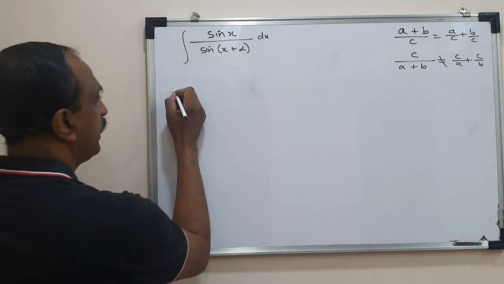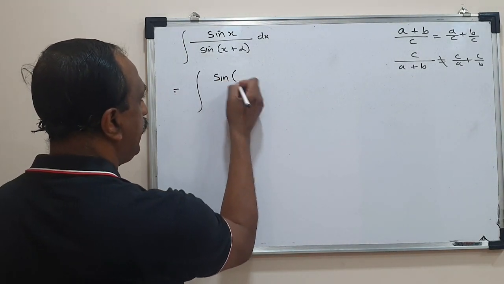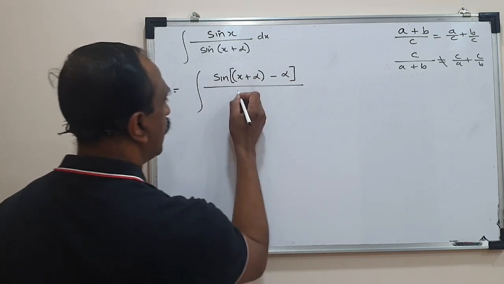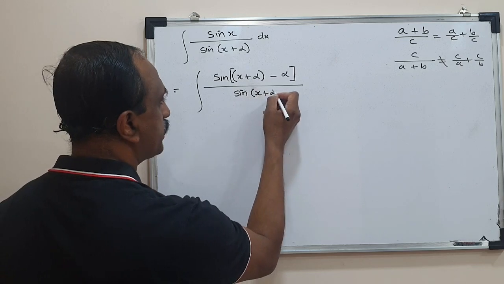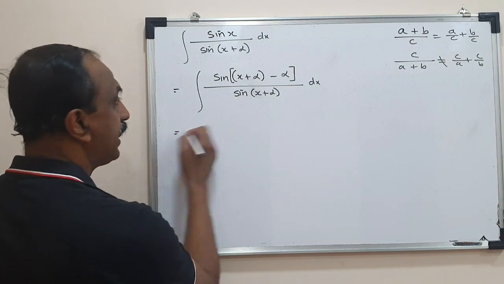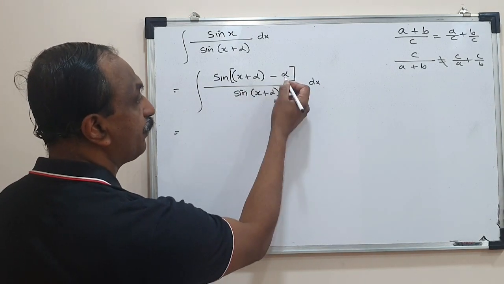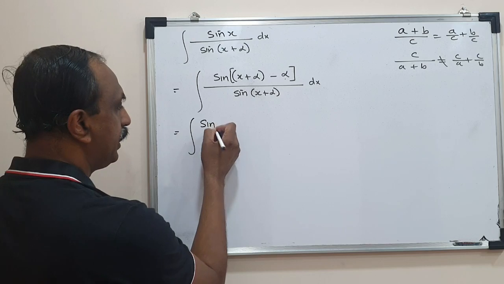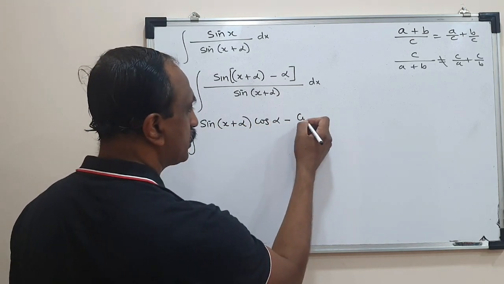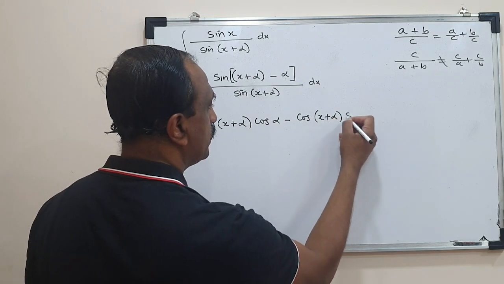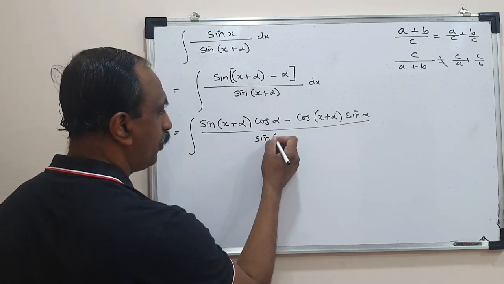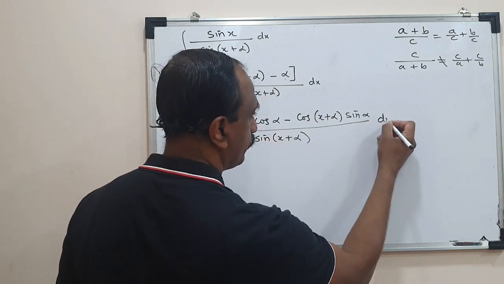So what to do? Here is my idea. I add an alpha and subtract an alpha. Addition of one alpha term and subtracting an alpha term. Now what I did before, I can apply the same method. Sin A minus B's formula. Only difference is sin of A minus B's formula. So sin A cos B minus cos A sin B divided by sin of x plus alpha dx.